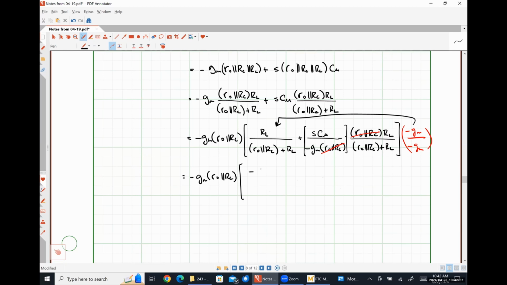we would have negative GM RL over negative GM times RL plus R naught in parallel with RC. Close that out.